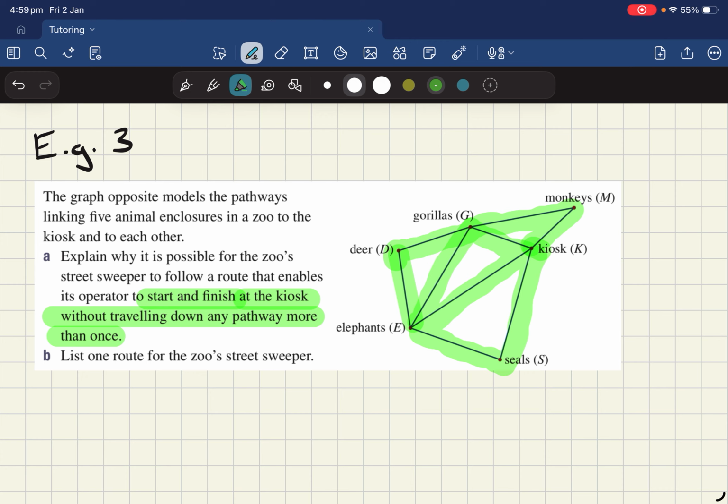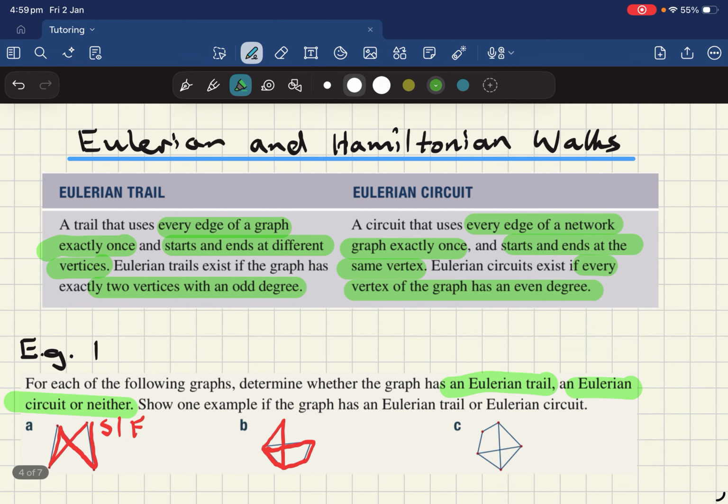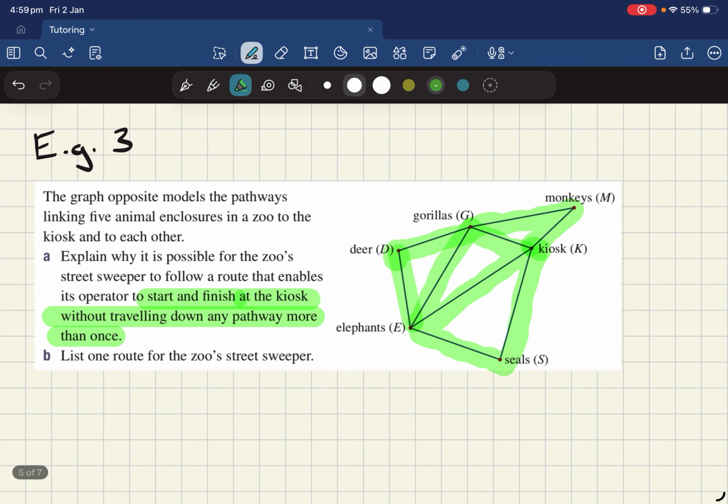So we're not traveling down a pathway more than once. Because remember, with a circuit, we can pass through the same vertices, but we can't pass through an edge more than once. So let's just look at the route we did.